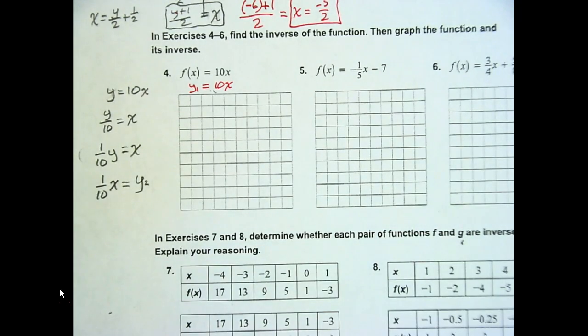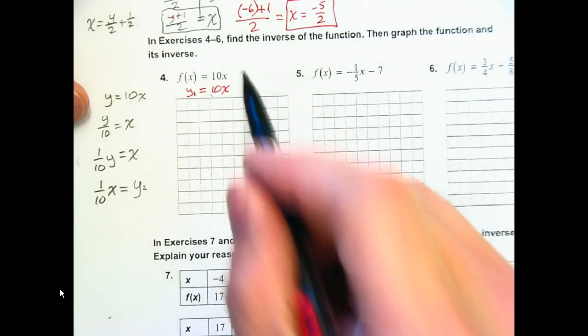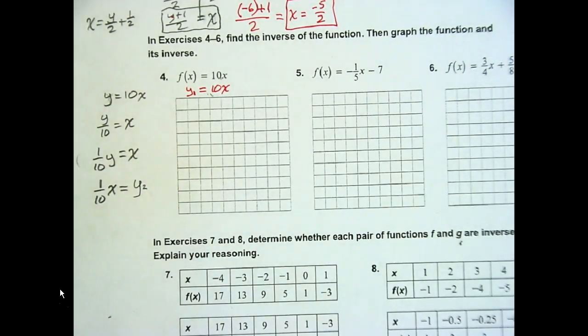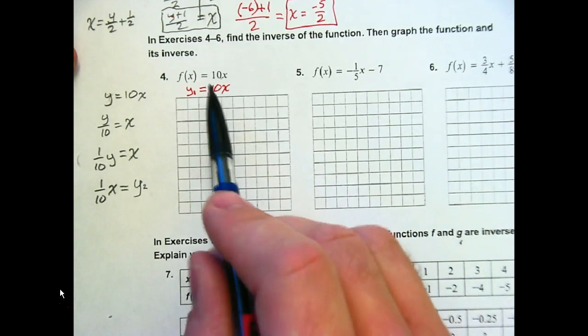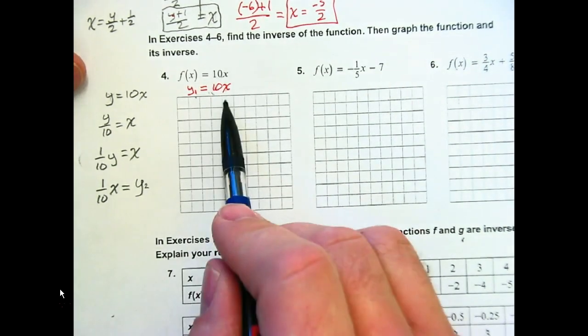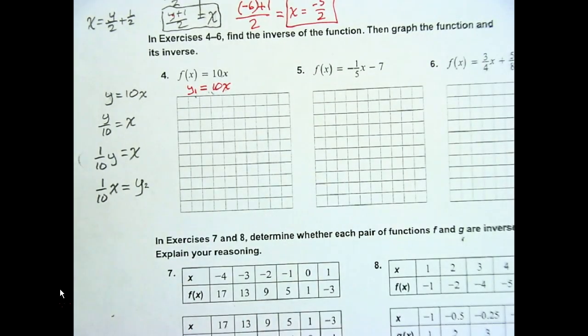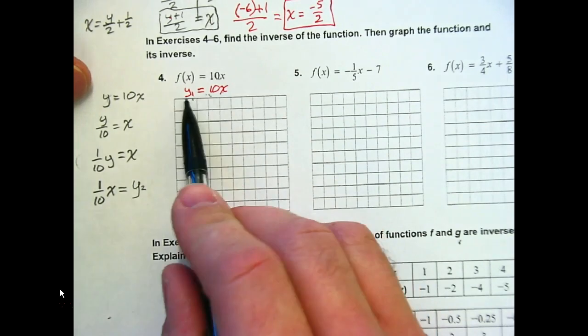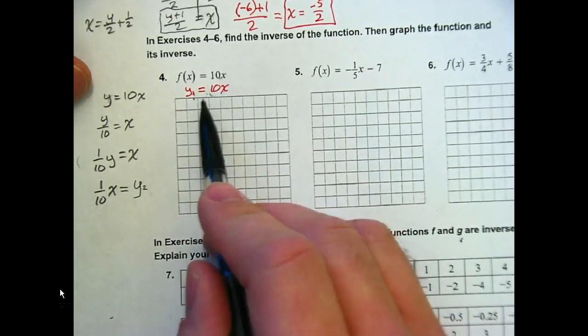Question? Yeah, that's the other way you could have done it. You could have graphed the original function, reflected it, and then wrote the equation. But you guys, when you're finding the inverse function, you must, at some point, switch your x and y values from your original function. I usually do it at the beginning, and so I would usually just rewrite this to begin with as x equals 10y, and then solve for y.